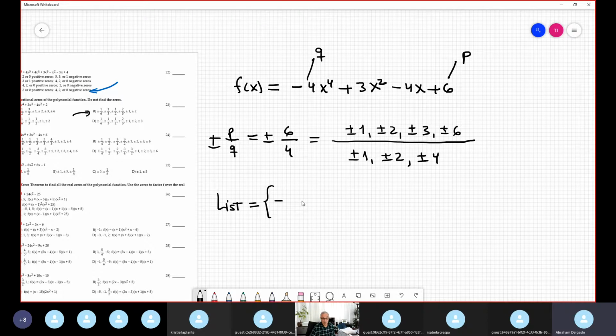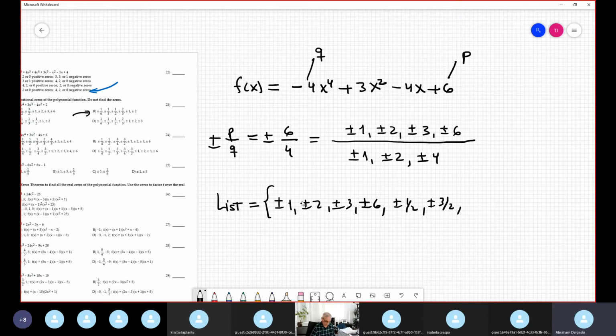Okay, so plus or minus 1, plus or minus 2, plus or minus 3, and plus or minus 6. I obtain this combination using this divided by each one on the top. Now 2 is 1/2. 2 over 2 is 1, I have 3/2. 3 divided by 2, and 6 divided by 2 is 3.